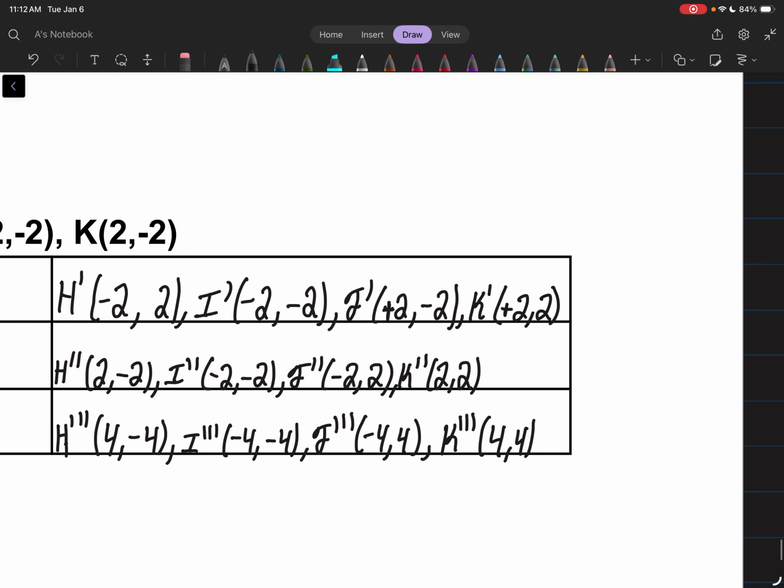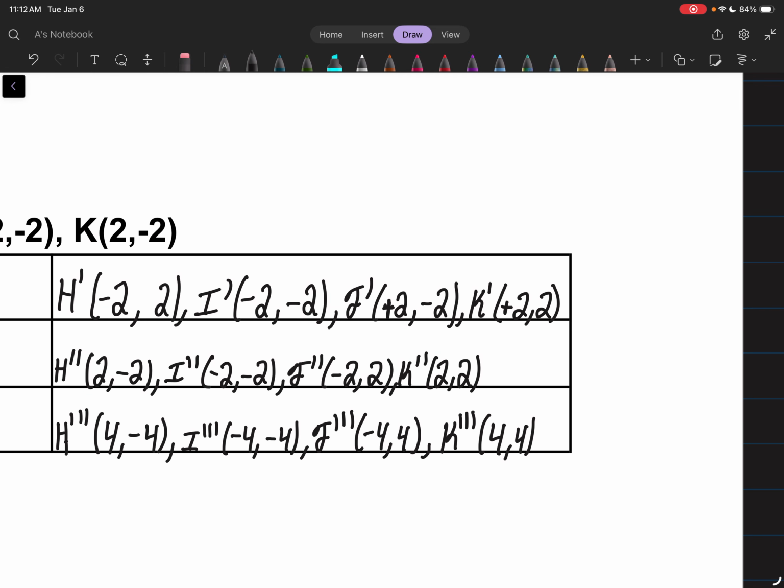Now I want to note 2 things briefly and we'll be done. The first one, for my apostrophes, the tick marks, on my first image, I had 1 tick mark. The next block, after I transformed it a second time, it became my second image.